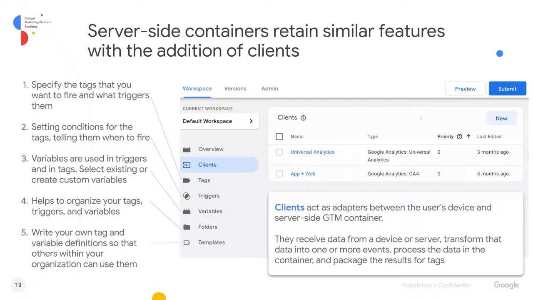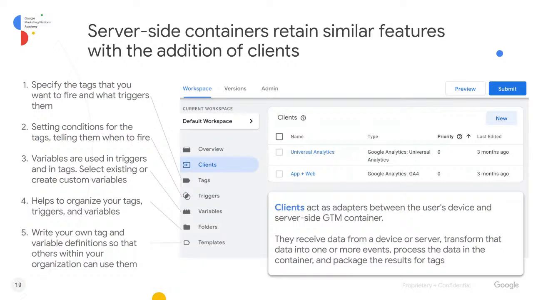And a quick show of the UI. As I was mentioning, you have exactly the same thing as the normal GTM container. The only thing that is on top is the clients. The clients are those adapters that are connected with the different devices of the users and the website, and they bring the data from the web container.